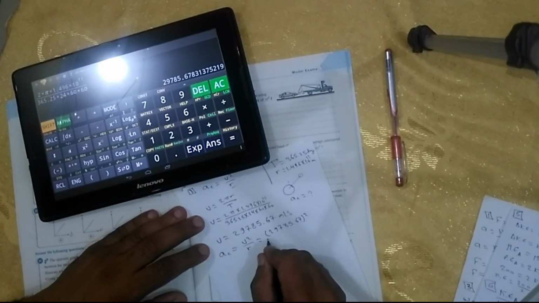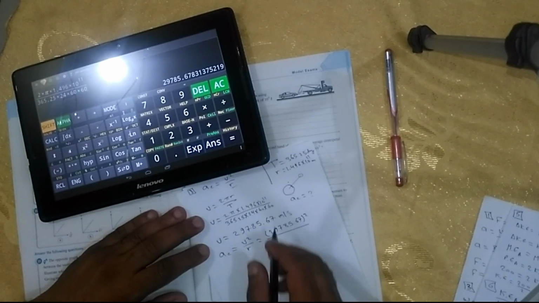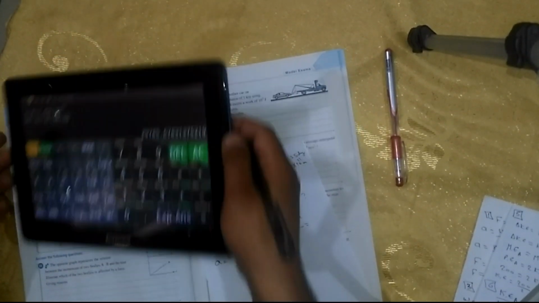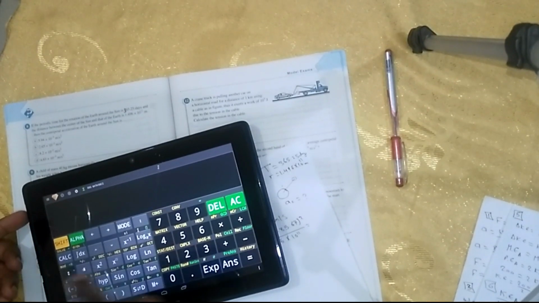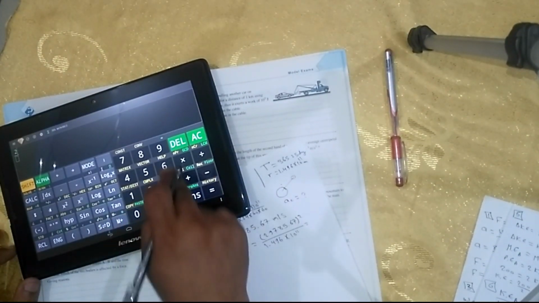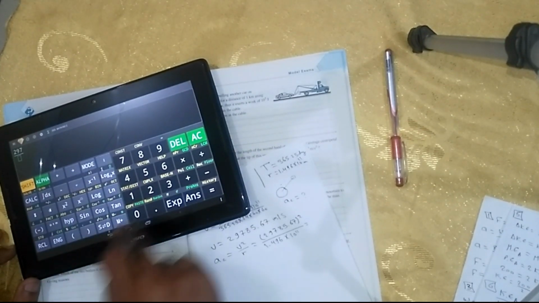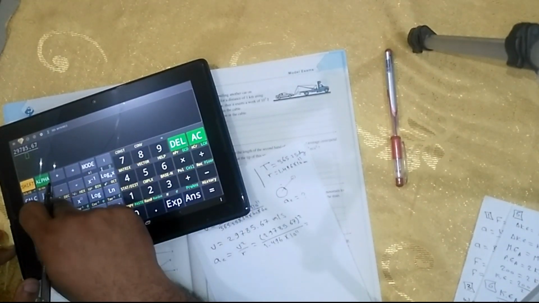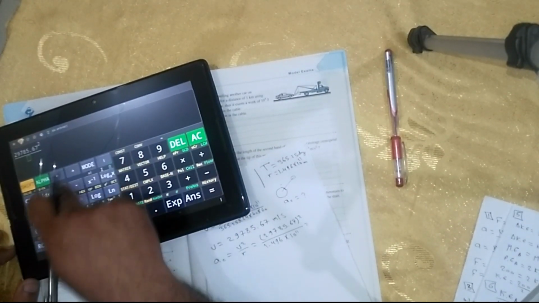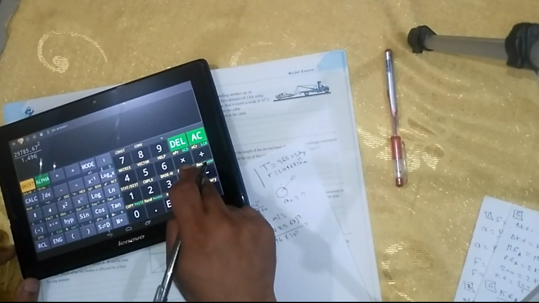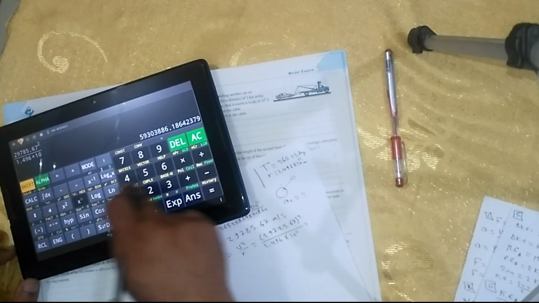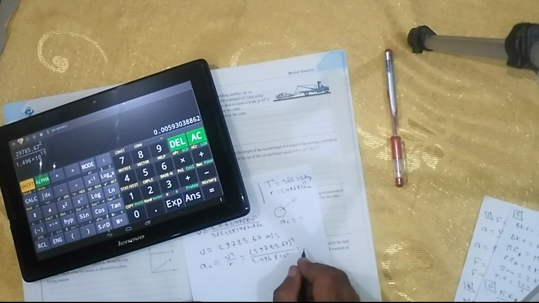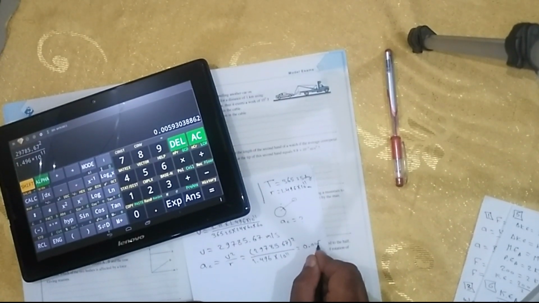AC equals V square over R equals 29,785.67 all to the power 2 over 1.496 times 10 to the power 11 equals 0.0059.